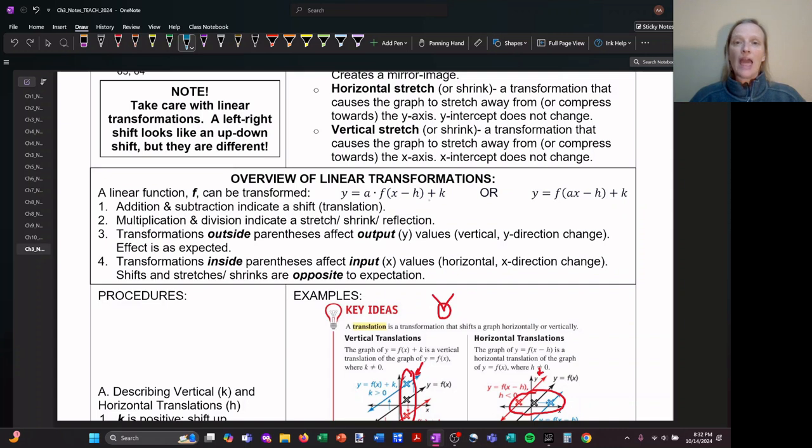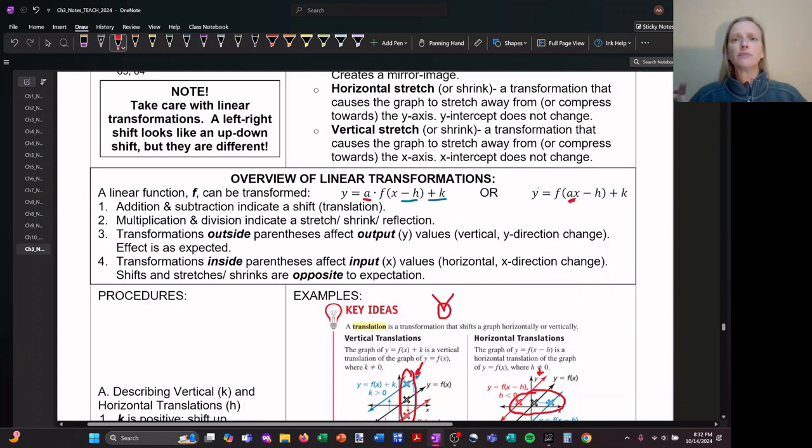Notice we can add values or subtract them, and that change can be outside of the parentheses, or we can do adding or subtracting inside parentheses. We can do multiplication outside the parentheses, or we can do multiplication inside the parentheses.